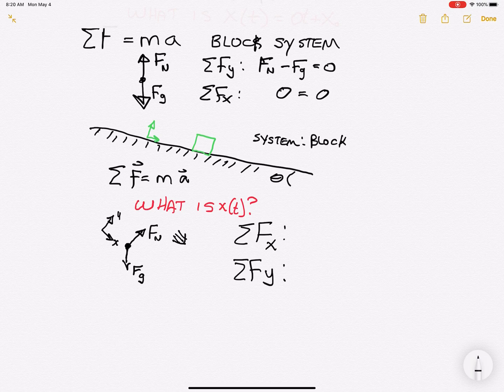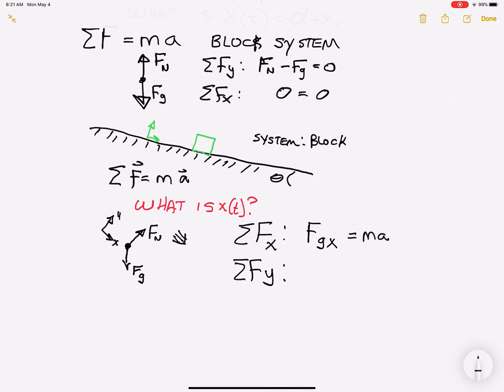The forces in the x direction would be a force due to gravity with an x component, and that would equal mass and acceleration.